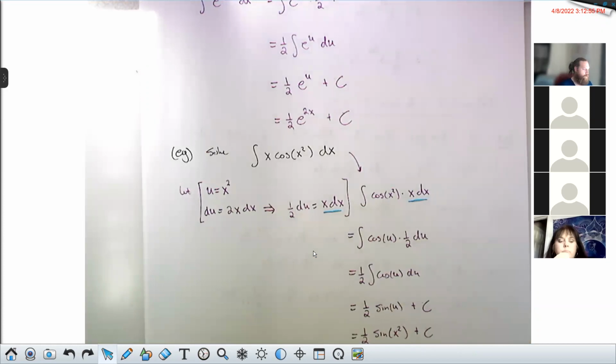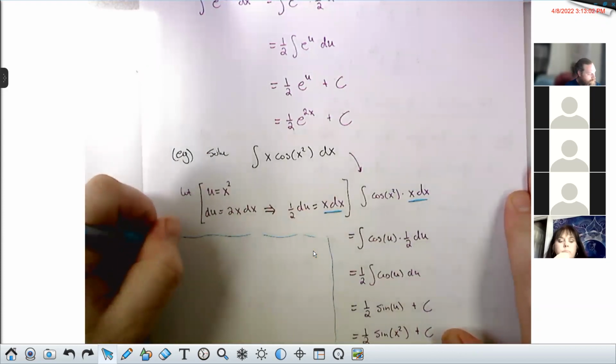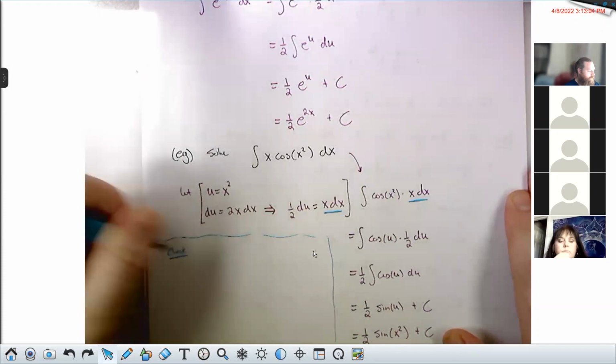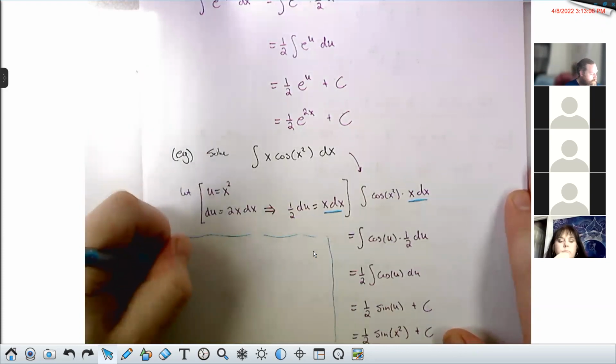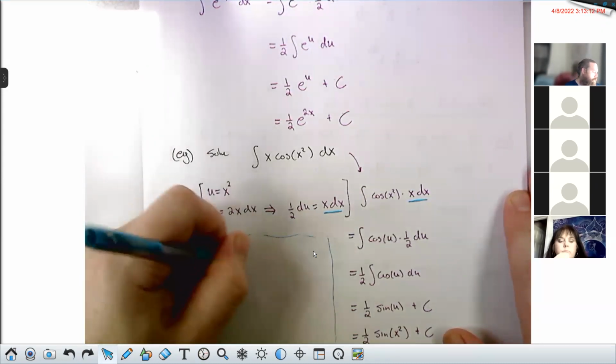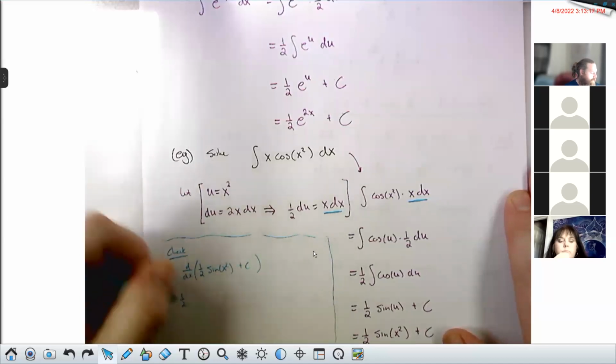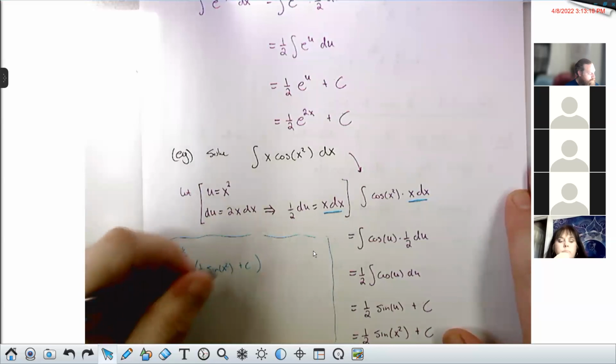And of course, we could check our work. If you ever want to check an integral, just take the derivative. d dx of 1/2 sine x squared plus c would be 1/2 times the derivative of sine x squared.